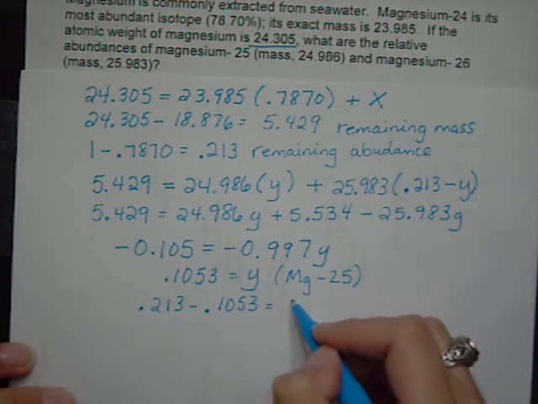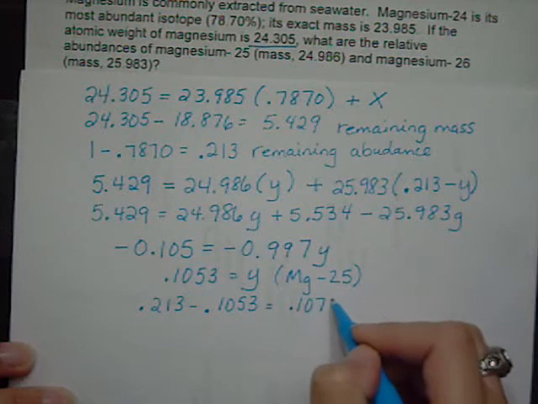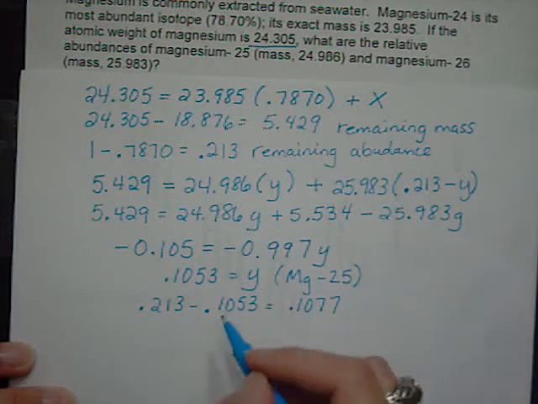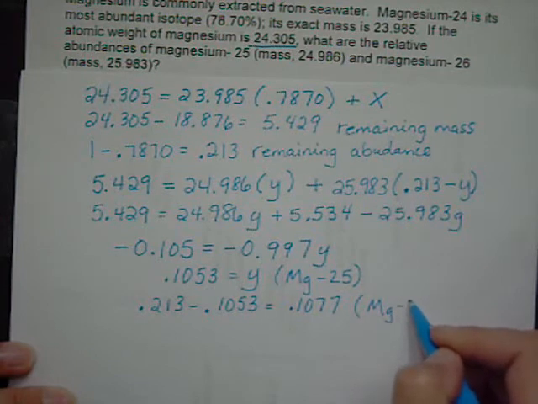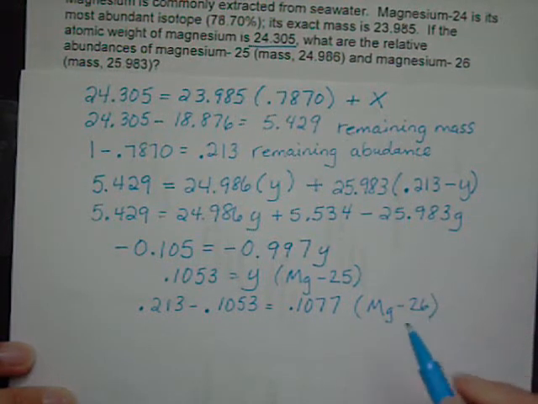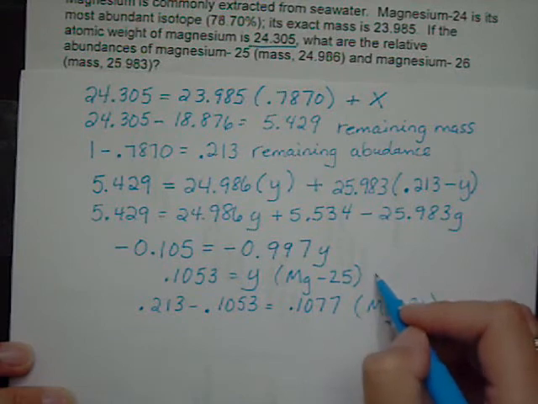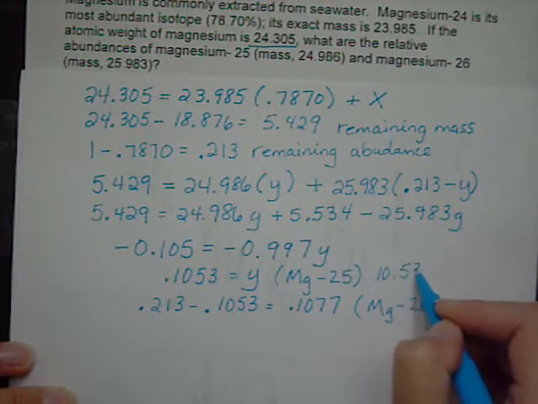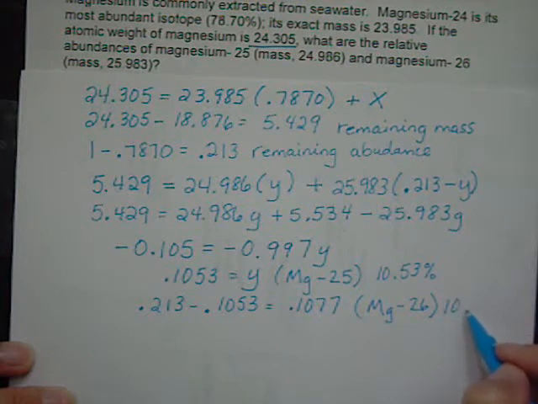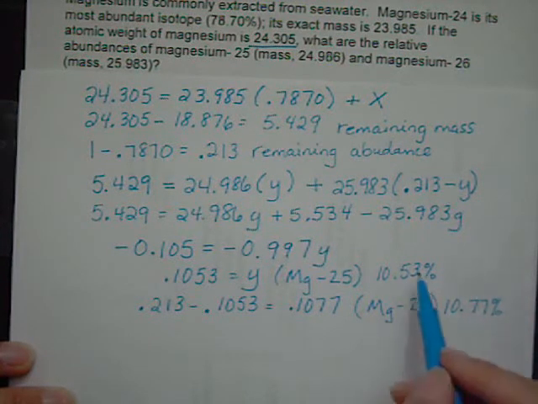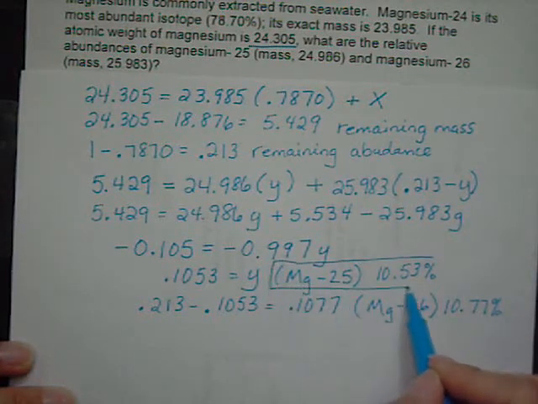And that leaves me 0.1077. Okay, so that gives me my percent abundances. And that would be for the magnesium 26. So magnesium 25 is 10.53% abundant. And 26 is 10.77% abundant. And that's my answer.